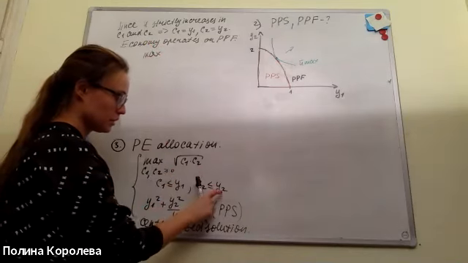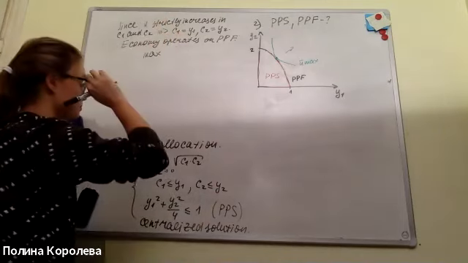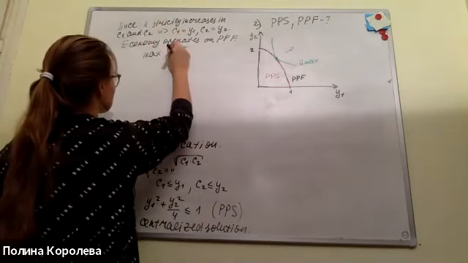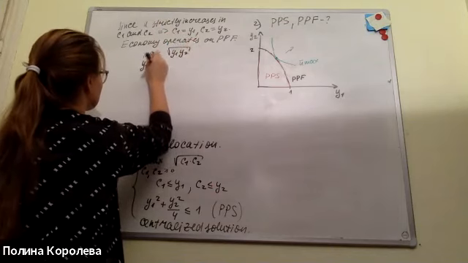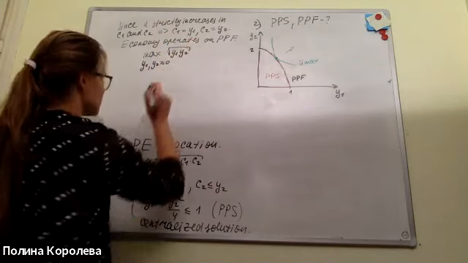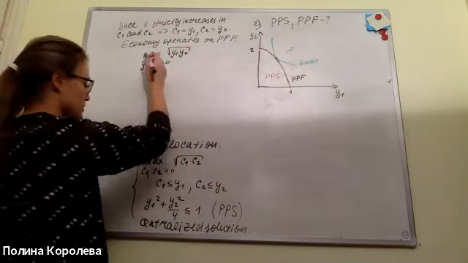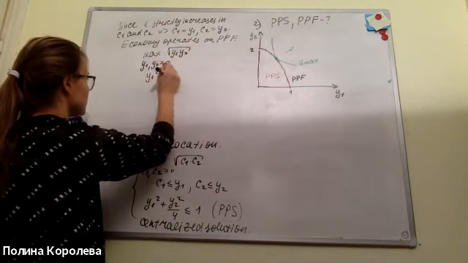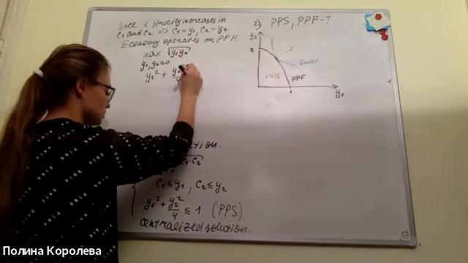Instead of C2, we write Y2 because they are equal. We explained it. So maximize the square root of Y1 Y2, with Y1, Y2 greater or equal than 0, subject to the PPF. Yes, we work on the production possibility frontier: Y1 squared plus Y2 squared over 4 equals 1.